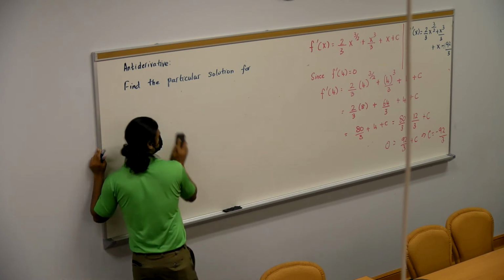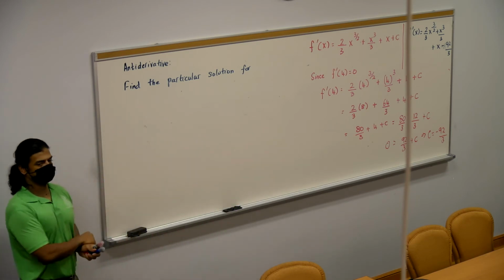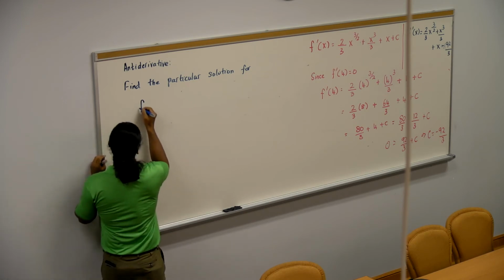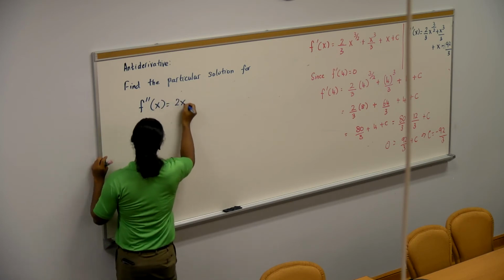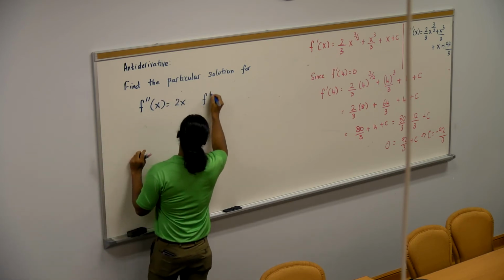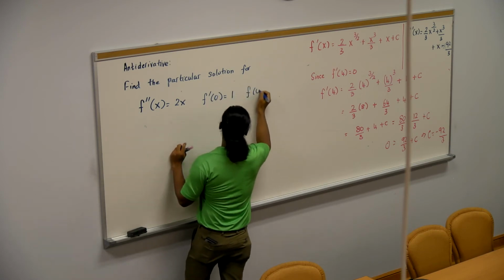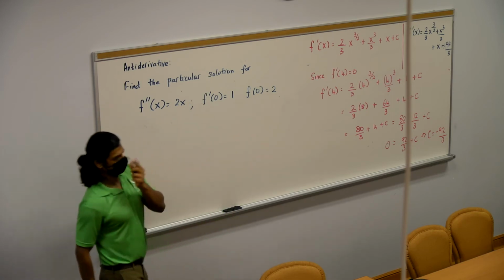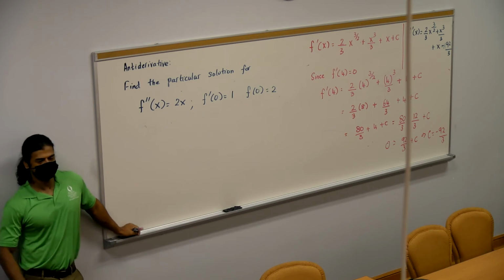I want you to tell me what the difference is between the problem that I'm about to write and the one that we just did. Can you spot the difference?